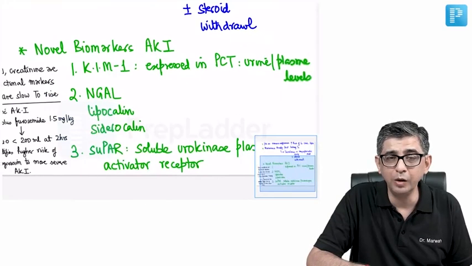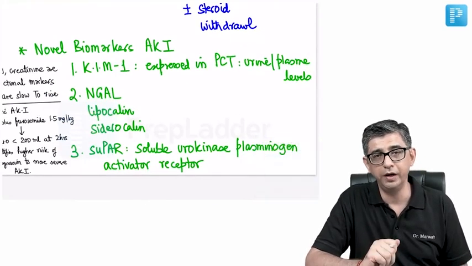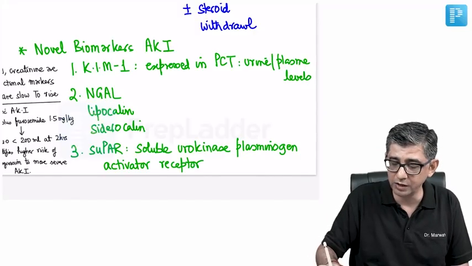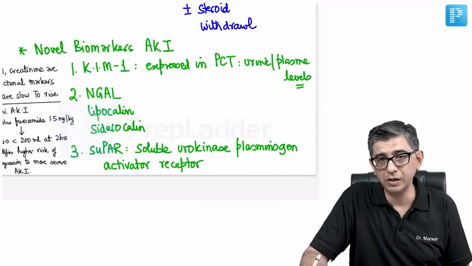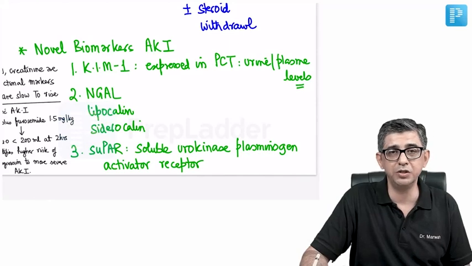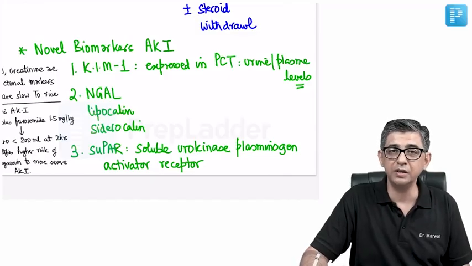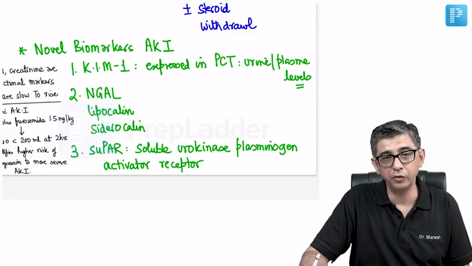KIM1 is expressed in the proximal convoluted tubule of the kidney, and the values of this can be found to be elevated both in the urine as well as the plasma. So in specialized laboratories, we have facility available to check for urinary or plasma KIM1 levels, and they will pick up an acute kidney injury faster than serum creatinine values.